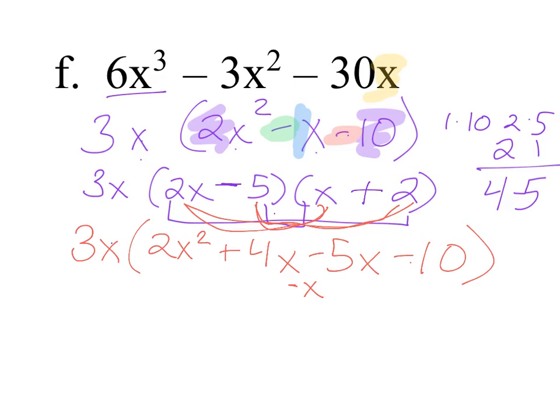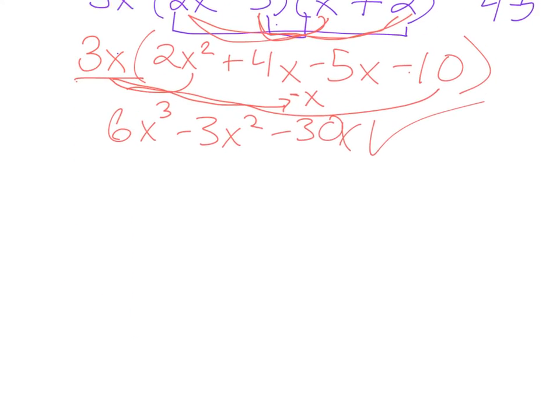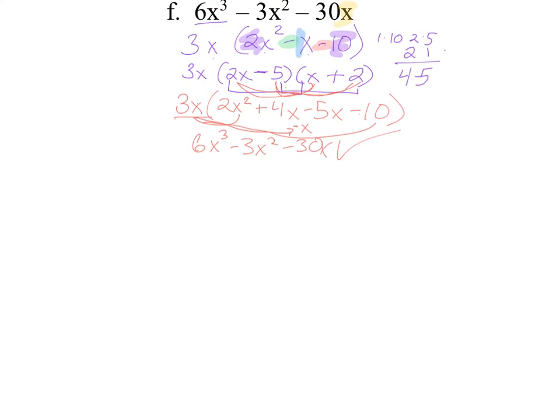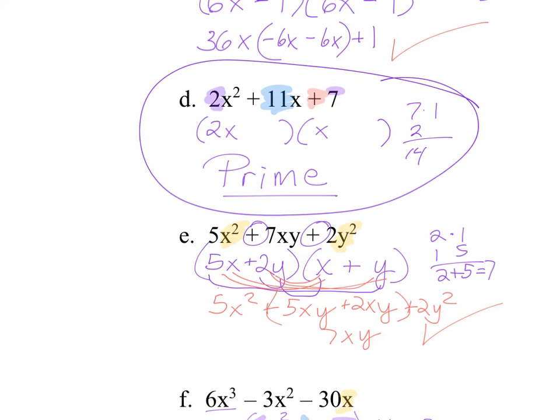All right, when I multiply in, now I distribute in this 3x. So this becomes 6x cubed minus 3x squared minus 30x. And check, that's what I started off with. Okay. Long, but not too terribly complicated. Haha, there it is. Yes, that was our prime one.